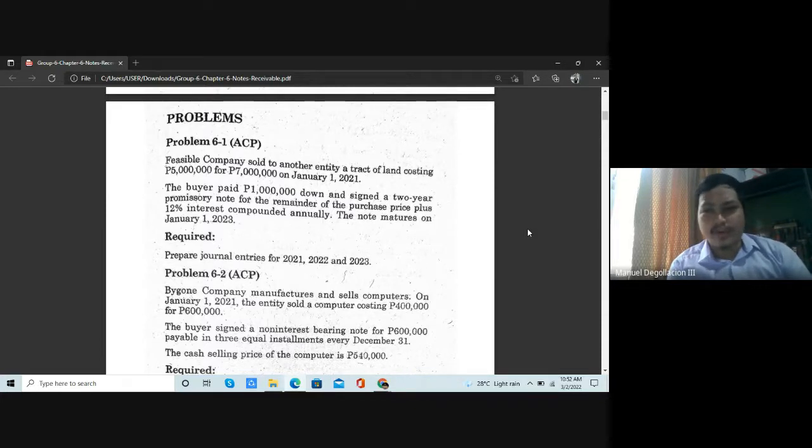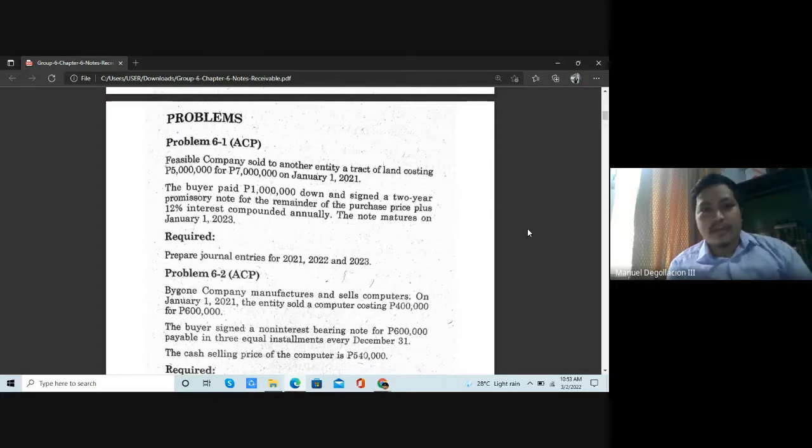For example, you have a notes receivable with a value of 5 million and it is to be paid in installments. The scenario wherein portions may be presented as current and non-current will happen if the notes receivable will be collected in installments.